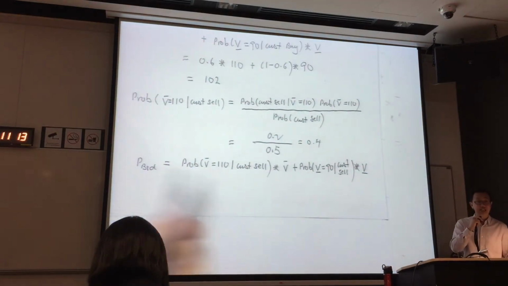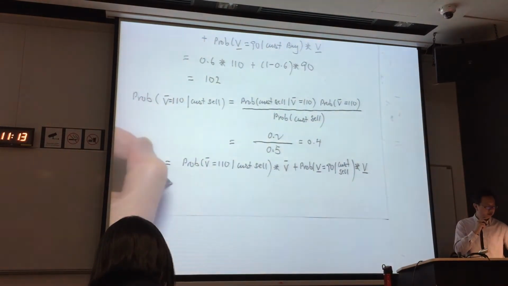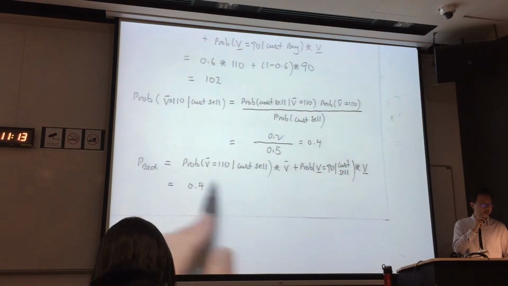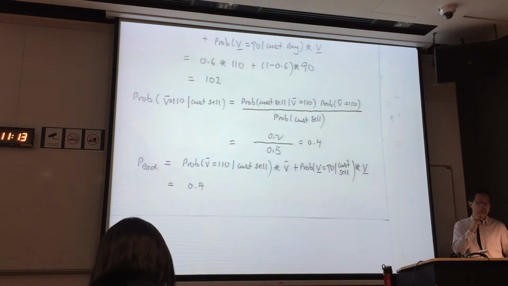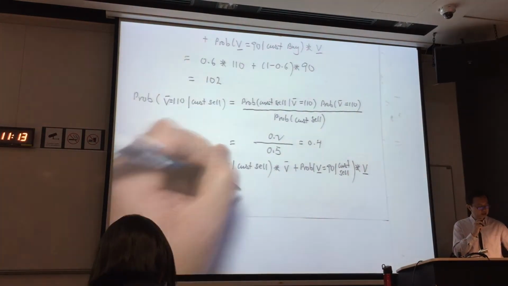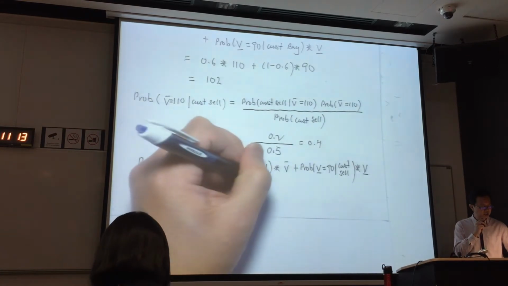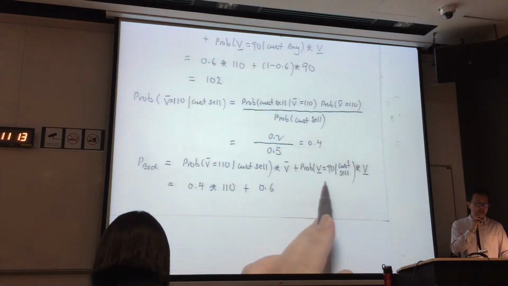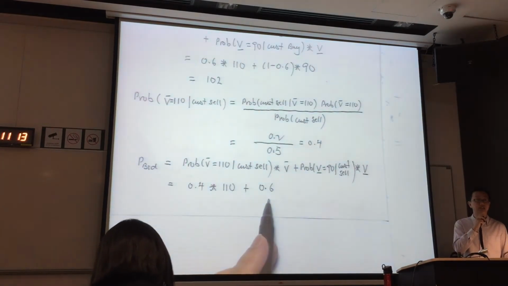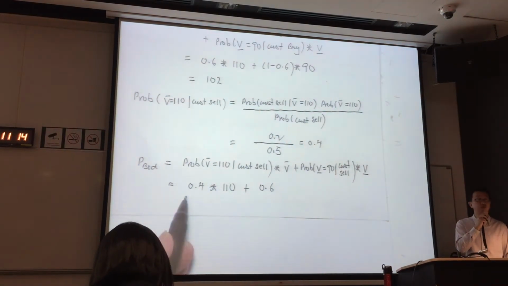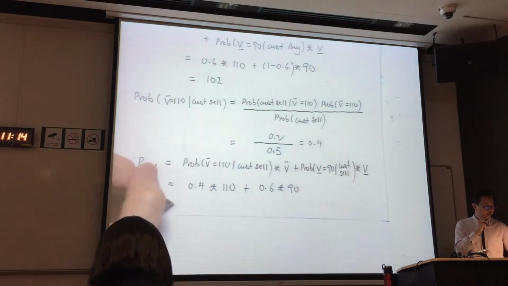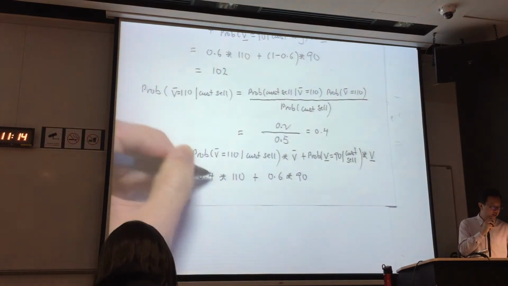So you're using the revised probability now. We have a probability of 40% that the value is 110 given the customer is selling, so we multiply by 110, plus the probability that the value is 90 if the customer is selling. This is 60%, worked out as 1 minus 0.4, so we multiply by 90. This will give you the bid price, which is 98.